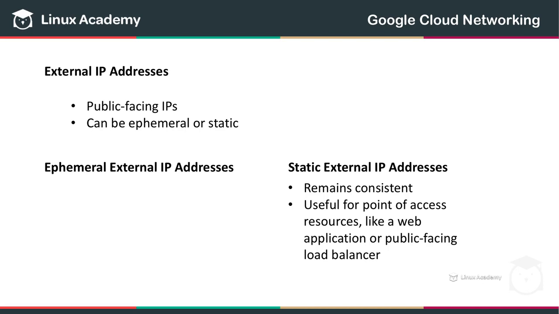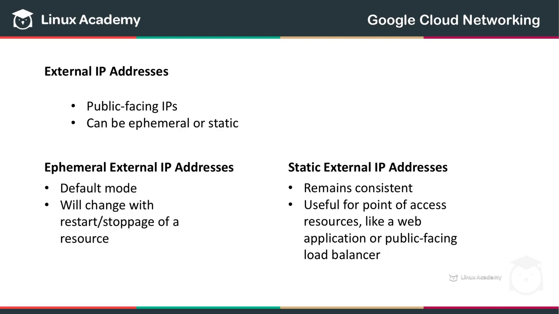So if you want to set up a domain for your web application, you may want a static address to assign it to. Ephemeral is the default mode, so you won't receive a static IP unless you set it up and configure it, and there's a small fee associated with it. The deal about ephemeral is if you change or restart or stop your resource, you'll get a new IP address, a new external IP address.